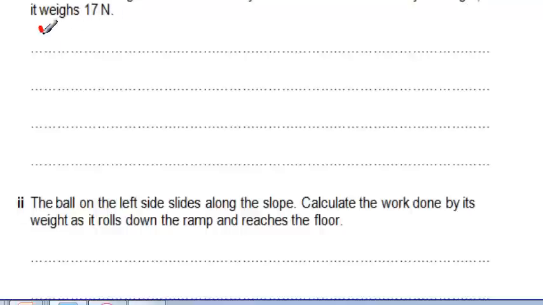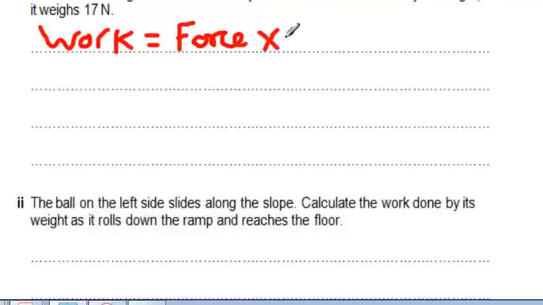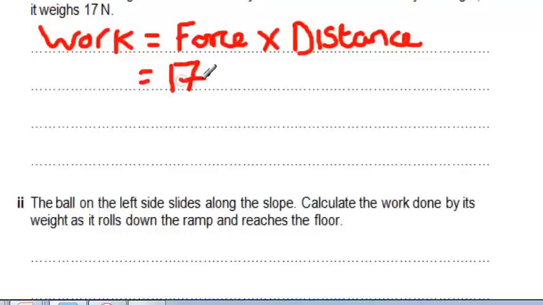So again, I'll start by writing my equation out, because that's always what you do. Work is force multiplied by distance. So my force in this case is 17 newtons, and sometimes when you're reading through the question it might be helpful to highlight the key information you're given.